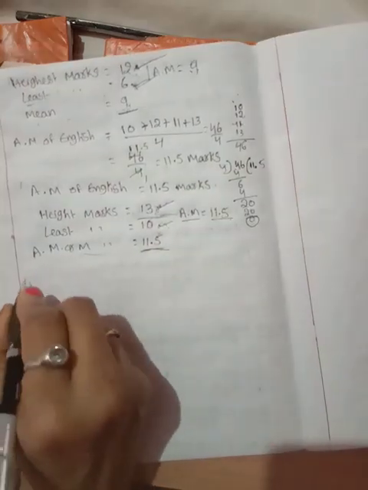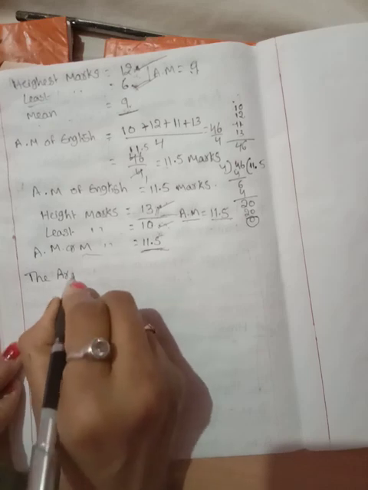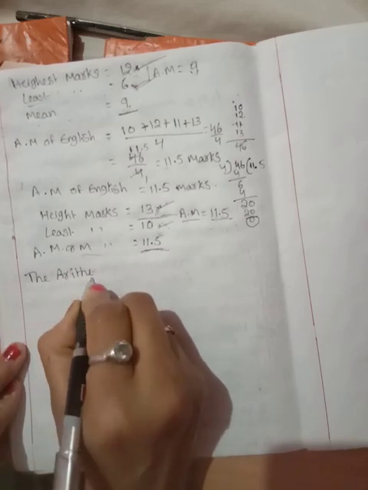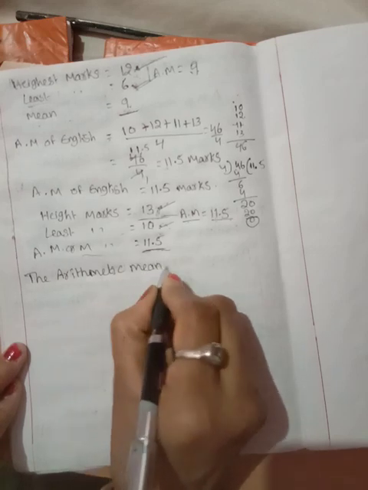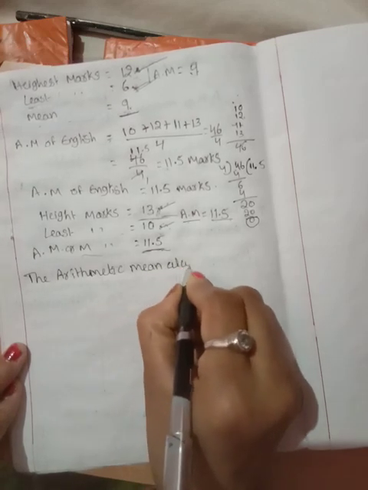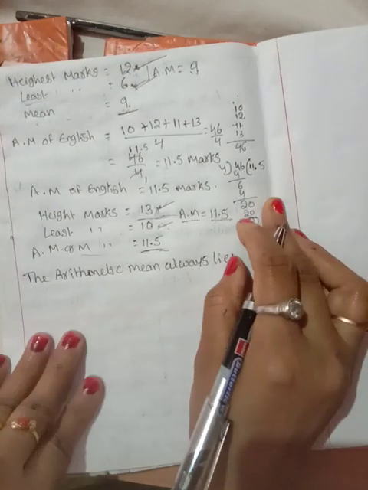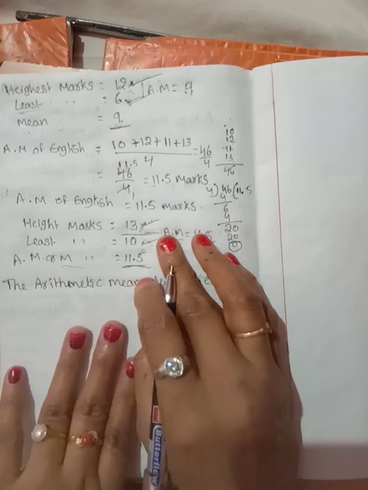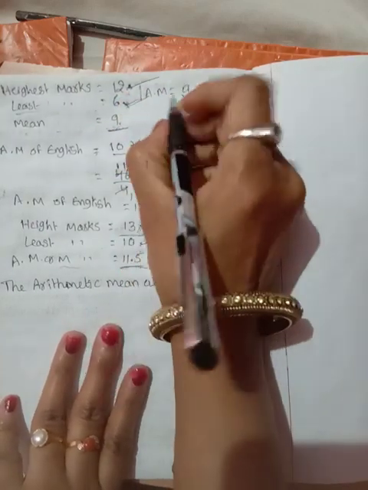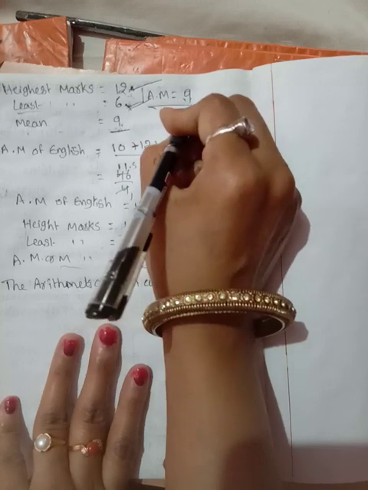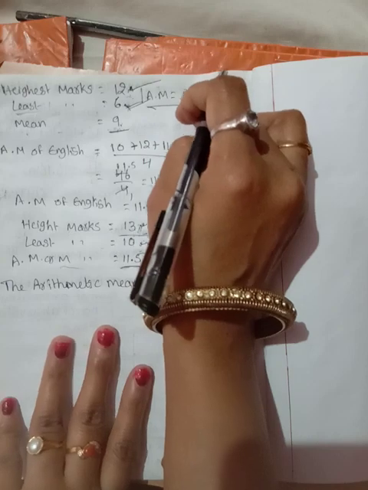What is the definition? You can write it here. It is the arithmetic mean. Understand neatly, Gagansai. Arithmetic mean always lies where? Where does the arithmetic mean lie? Between the highest marks and least marks, the mean lies between them.